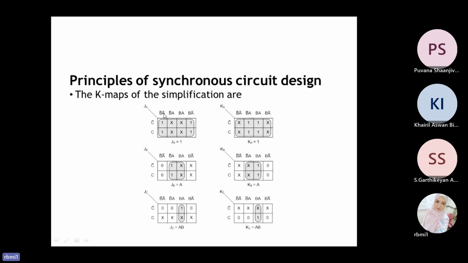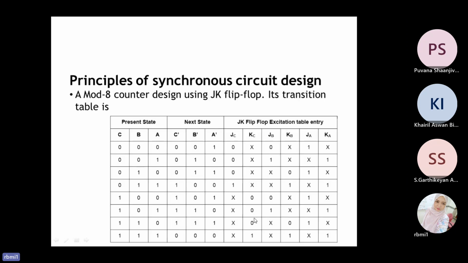So this one is 0, 0, 0, 1, 1, 1 and 1, 0. Okay, for B and A. Okay, so compare this one. Same goes with KA, JB, KB, JC and KC. Okay, we have three J, K pairs: JA, JB and JC. Alright.